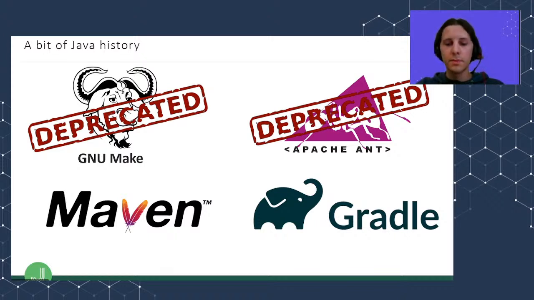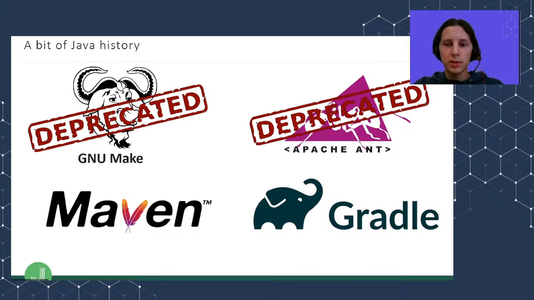Gradle relies on programming languages like Groovy or Kotlin. You can choose one, and you specify the build using a real programming language. It's very handy, and we will see soon why. Nowadays Maven and Gradle are both widely used.